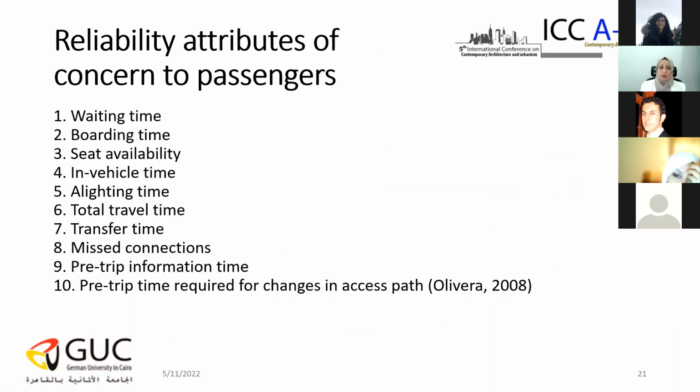If we look to the user and want to know what are the main concerns of the user without understanding anything about transportation, his concern is about the waiting time, the boarding time, seat availability, in-vehicle time, alighting time, total travel time, transfer time or number of transfer, if there is missed connections or not, and the pre-trip information is available or not, and the pre-trip time required. And by that, we'll find that mobility as a service will save many of these problems.